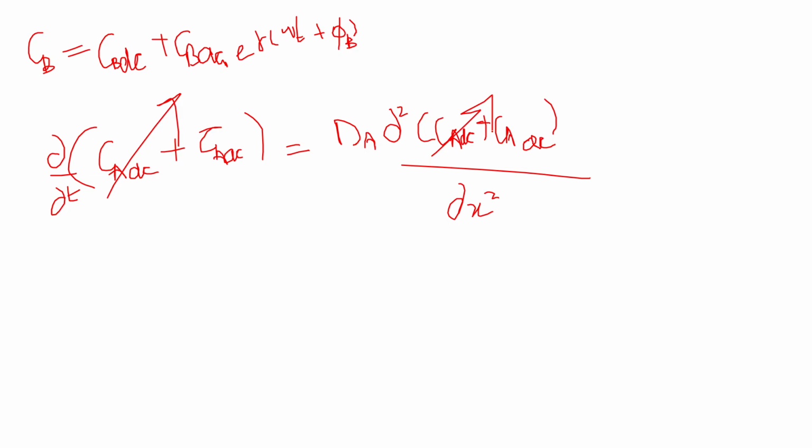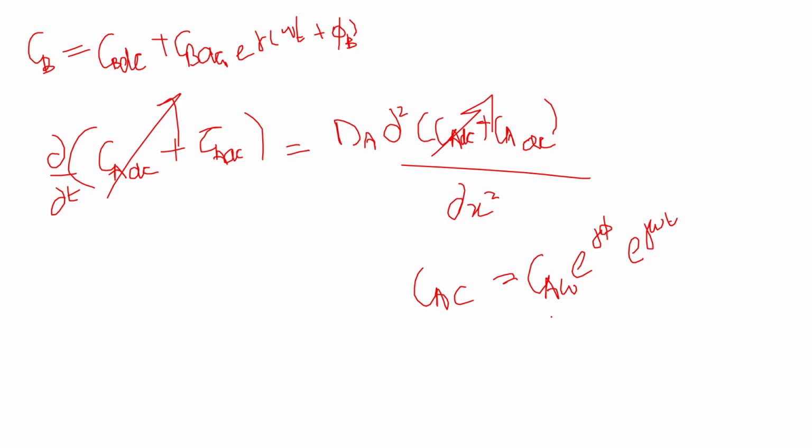Won't change with time or with position. Now, one more thing you have to keep in mind is that CAC equal to CAC naught e raised to j omega t plus phi A, right? I'm just separating that and writing e raised to j phi into e raised to j omega t.